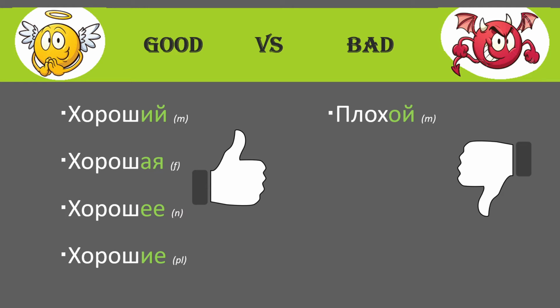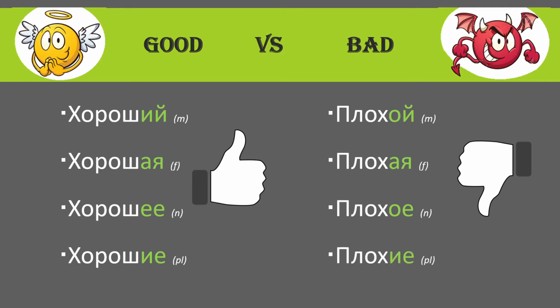Плохой. So can you guess what the female form is? That's right, it's плохая. The neutral? Плохое. And then plural? Плохие.